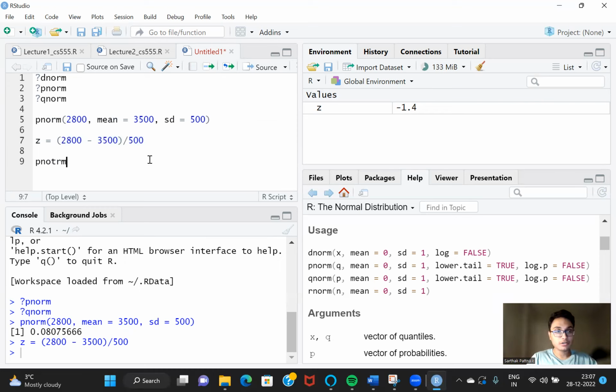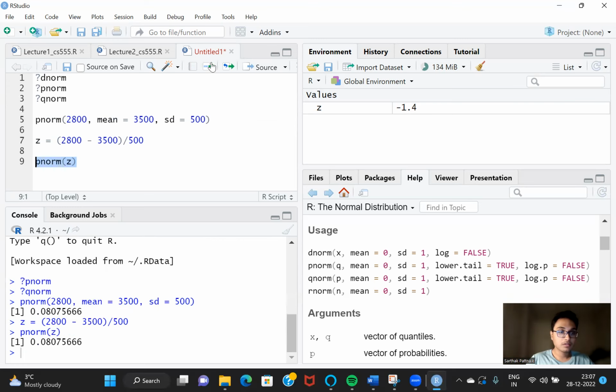So you just put pnorm of Z. That's it. By default, your mean is 0 and your standard deviation is 1. And you get the same answer. This again proves the fact that area under the curve and proportions do not change after standardization of a normally distributed curve.